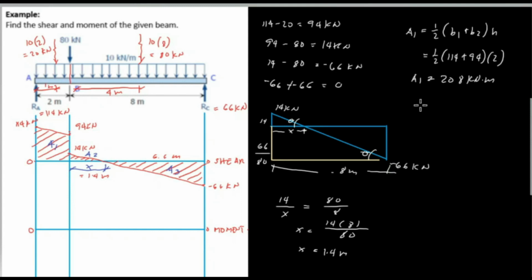Area 1 is above, which means positive. So 208 kilonewton meter is a positive moment.